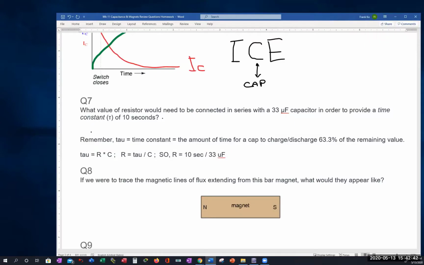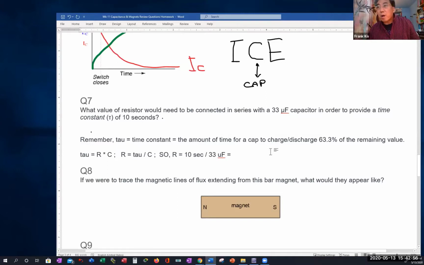So I got the answer is 303.03 kilo ohms. Okay, so hit me with that R value again. It was what? 303.03.